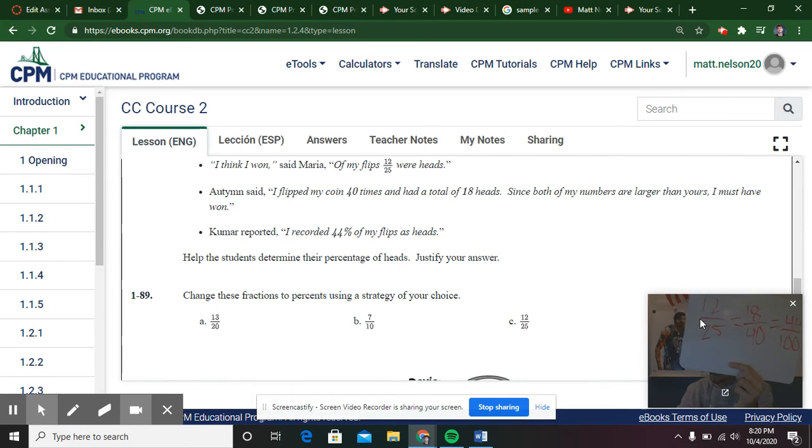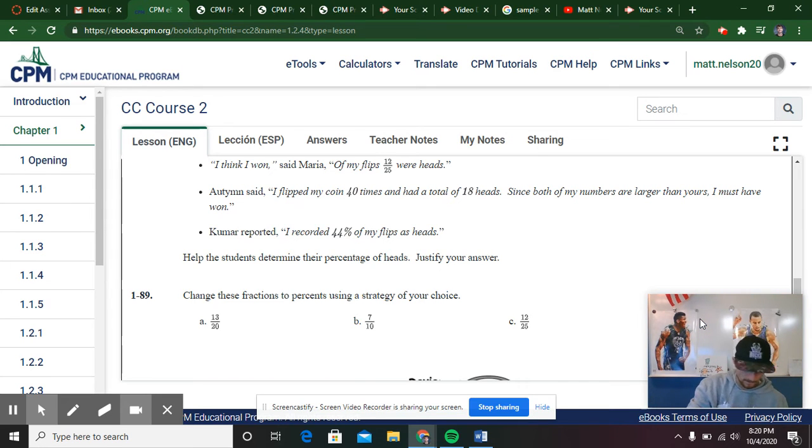Well, let's see. I remember in one problem we did, if I made 12 out of 25 free throws, we did 12 divided by 25, and then I multiplied that by 100. So for my first fraction, if I wanted to get that into a percentage, you do 12 divided by 25, then take that answer and move the decimal place over 2 places to make it bigger, or I could multiply by 100.